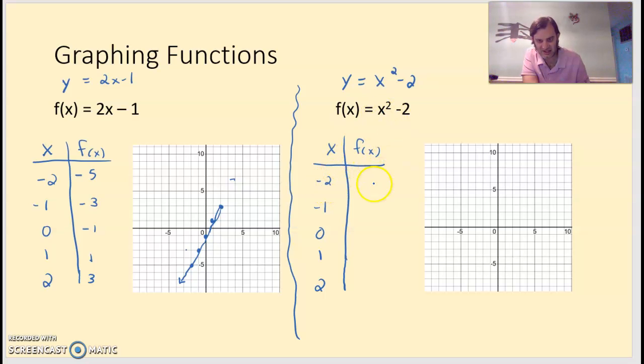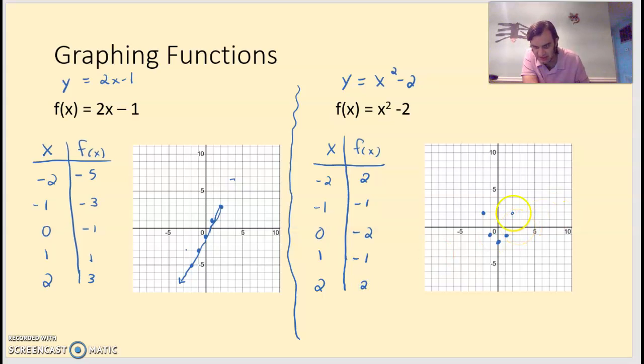So if I plug in negative 2, that's going to give me a positive 2. Negative 1 gives me negative 1. 0 gives me negative 2. 1 gives me negative 1. And 2 gives me 2.